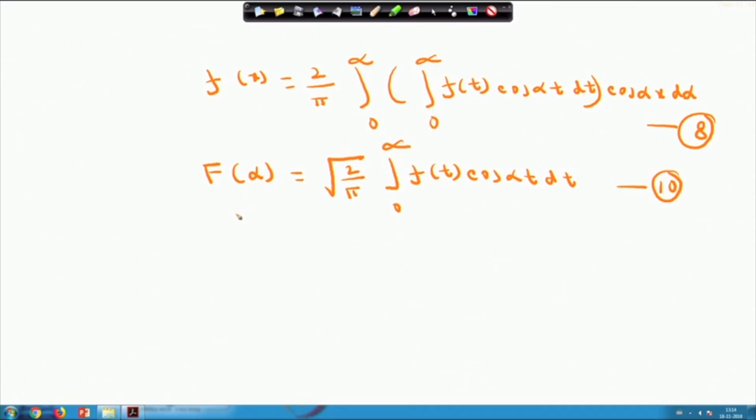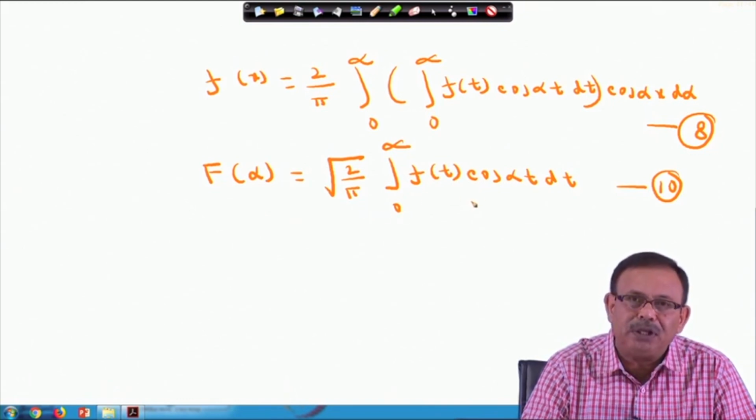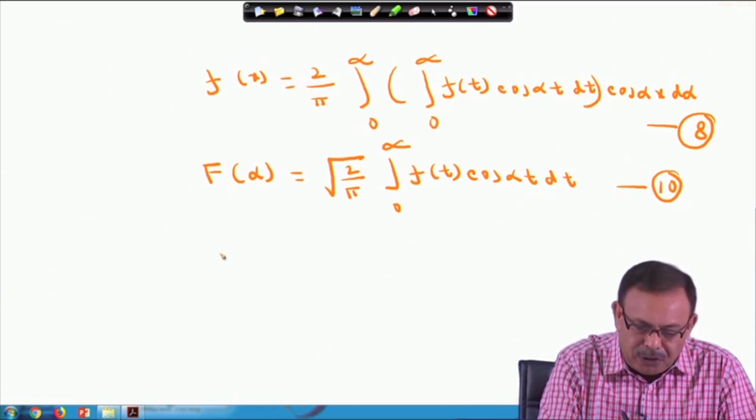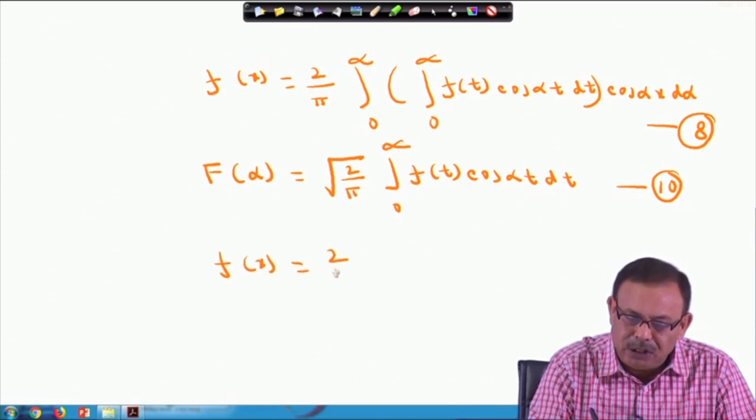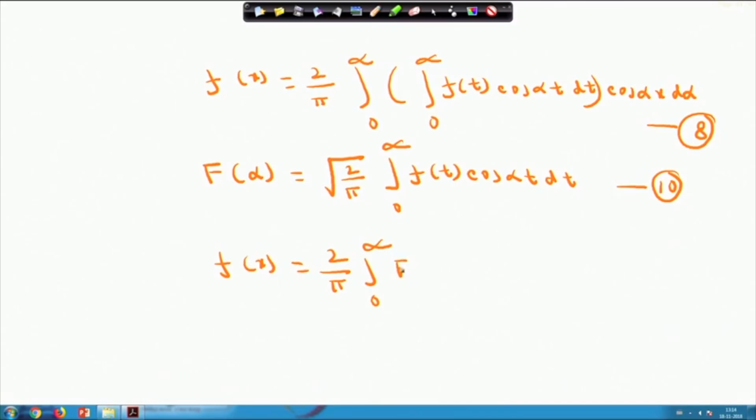Then f(x) you can write as root over 2 by pi, integral from 0 to infinity of F(alpha) cos(alpha x) d alpha, since we have taken root over 2 by pi in F(alpha).